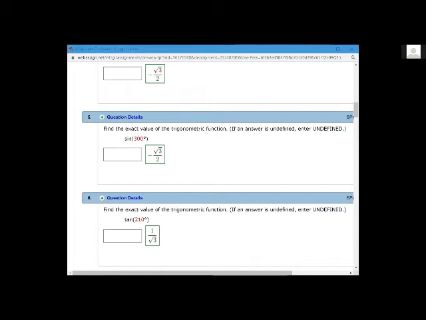To give you a quick summary of all 6 trig ratios, the sine of the angle will be the y-coordinate. The cosine will be the x-coordinate. The tangent will be the y divided by the x. The other 3 are called the cosecant theta, the secant theta, and the cotangent theta.